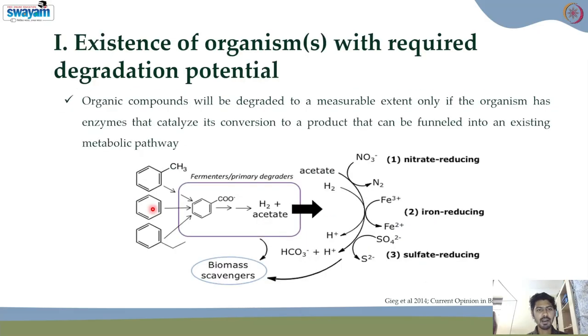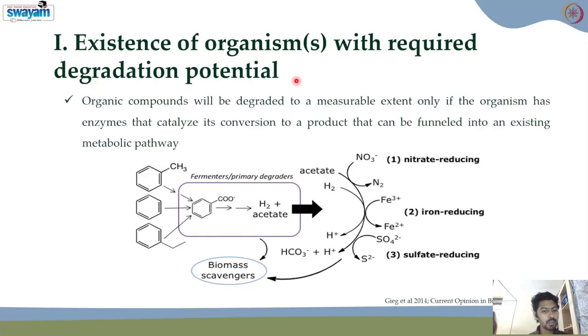The first is the existence of the organism with the required degradation potential. So what happens here? You need to find the right microbes to degrade or break down the certain pollutant. It can be any kind of pollutant. The first important criterion is to find the appropriate microbes for the particular pollutant.